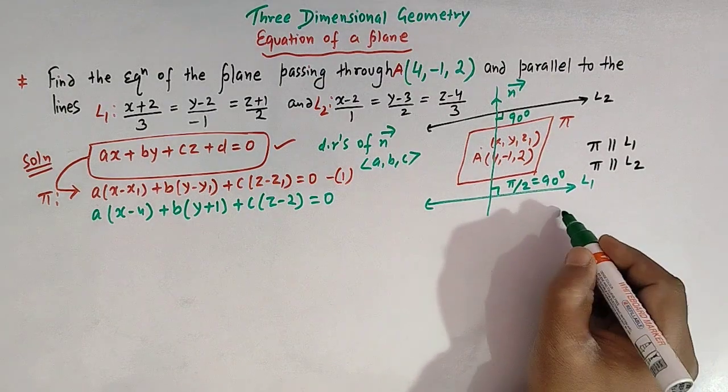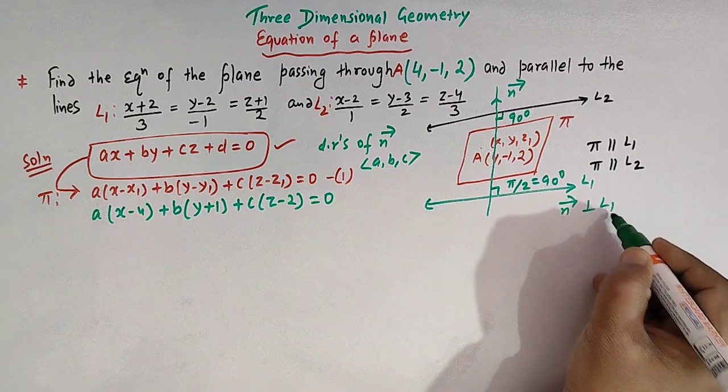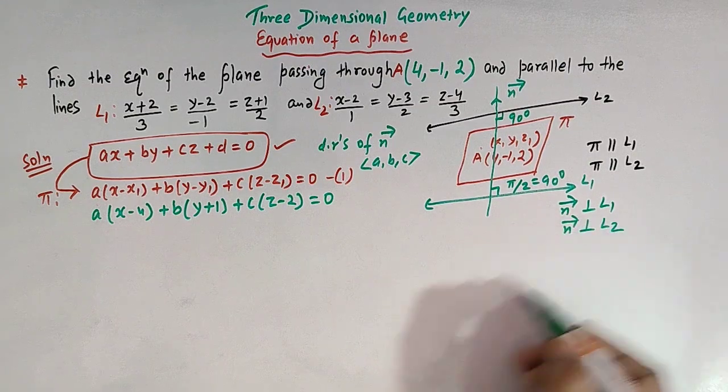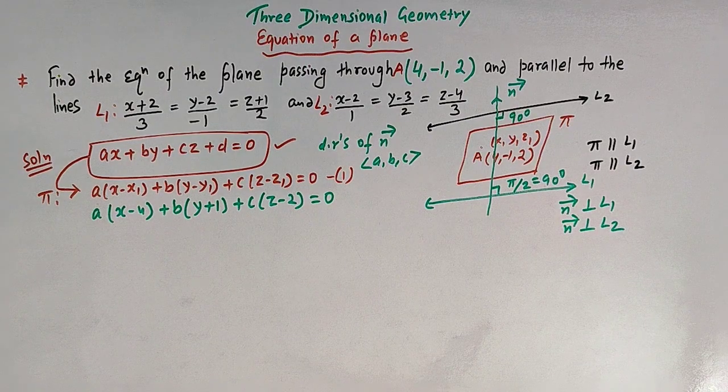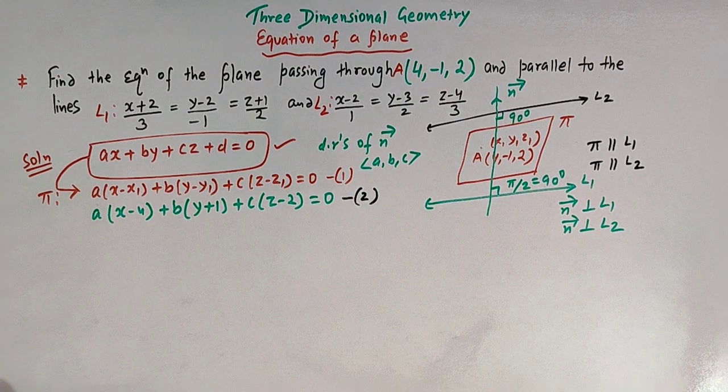So we see that the normal vector is perpendicular to L1, and also perpendicular to the line L2. Let us denote this equation by equation number 2.